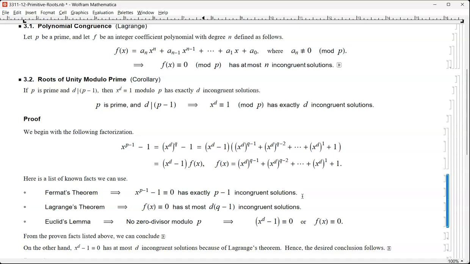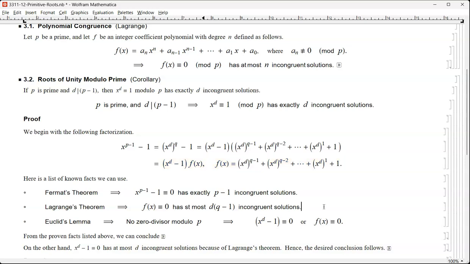x can be 1, 2, 3, 4 up to p minus 1. Anything other than 0 will do. And then Lagrange's theorem: f of x congruent to 0, this one here, will have at most d times q minus 1 incongruent zeros, because that's the degree.